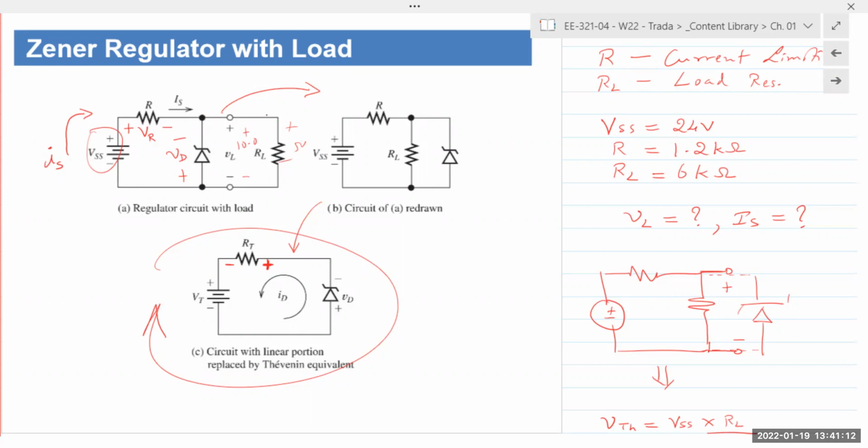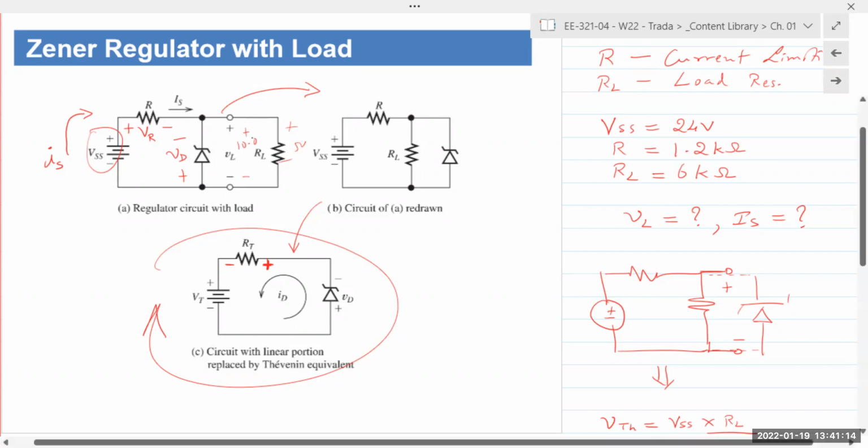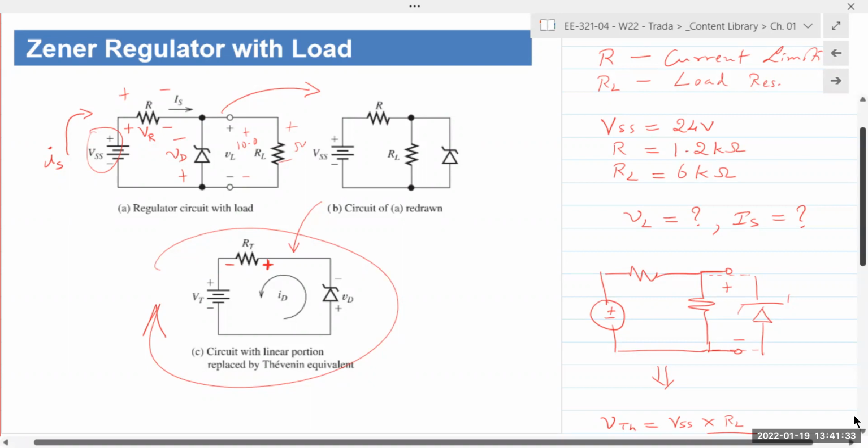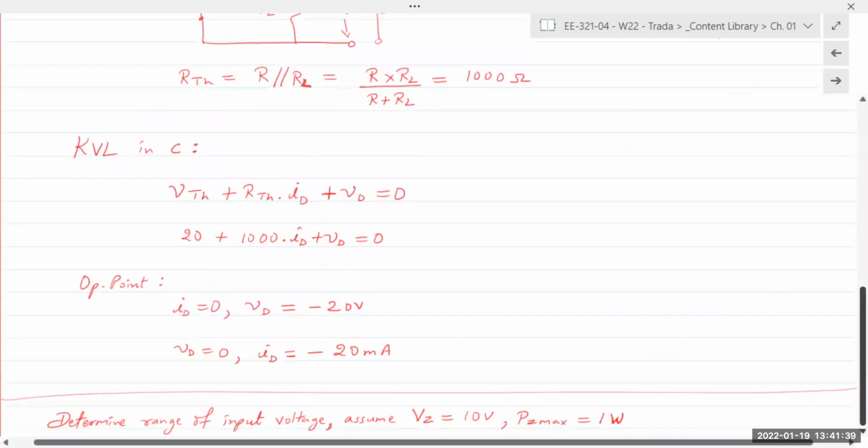When you reach 10 volts, the Zener diode is going to turn on. So 10 volts here plus whatever voltage drop appears across VR. So the minimum voltage that is required to turn on the Zener is VR plus 10 volts. And that's how we're going to calculate. So does it all make sense? That is essentially the analysis.